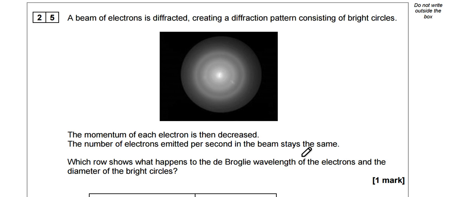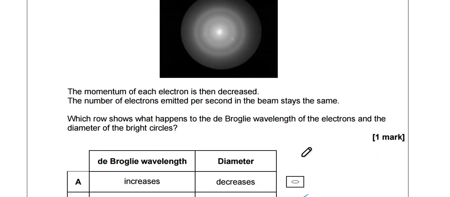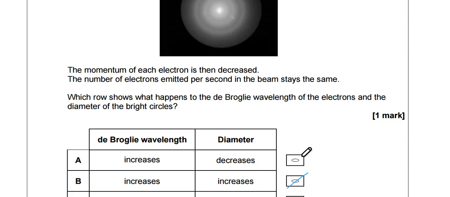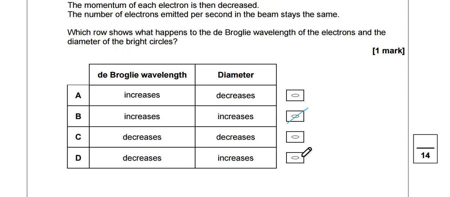Okay, diffraction for a beam of electrons with particle duality. What we have here, we decrease the momentum and the number of electrons per second remains the same. What changes for the wavelength? We have the relation p equals h over lambda.